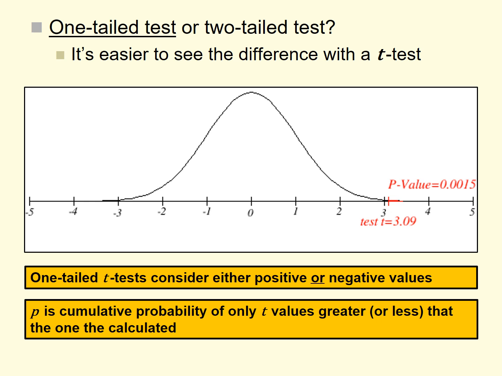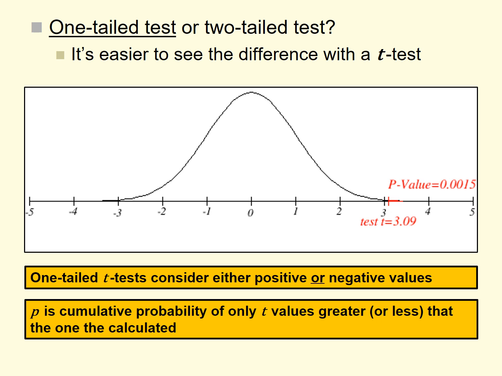Here, deliberately, I've used the same test statistic, t equals 3.09, but if you back up the video to the previous slide, you'll see that the probability value associated with that same t-statistic in a one-tailed test is actually a bit smaller. It's about a third of the size it previously was in a two-tailed test.